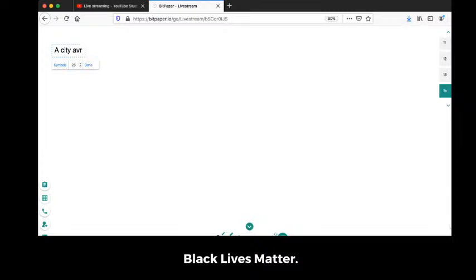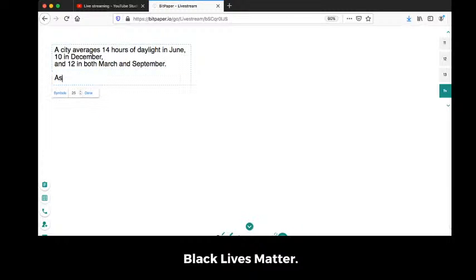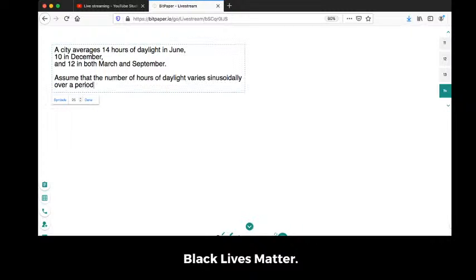So a city averages 14 hours of daylight in June, 10 in December, and 12 in both March and September. Assume that the number of hours of daylight varies sinusoidally over a period of 1 year.